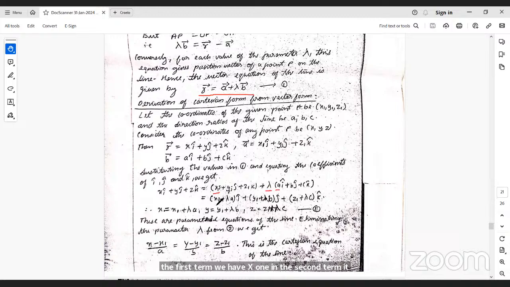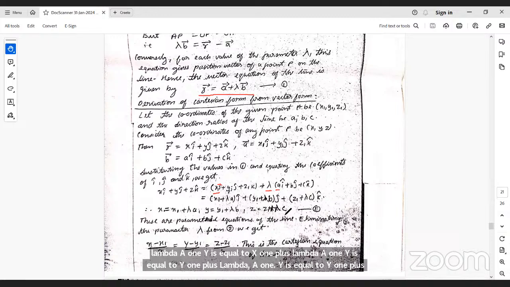Similarly, y1 plus lambda b with j cap, and z1 plus lambda c with k cap. So from this we get x is equal to x1 plus lambda a, y is equal to y1 plus lambda b, and z is equal to z1 plus lambda c.